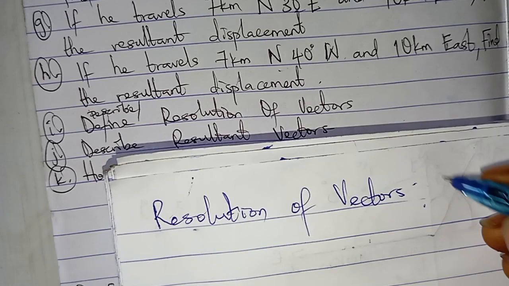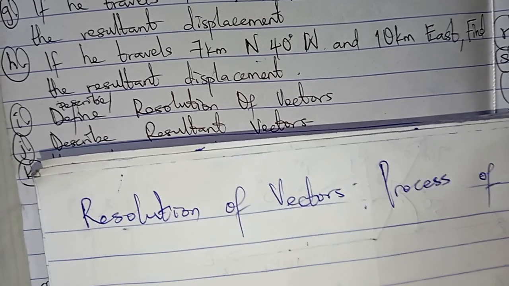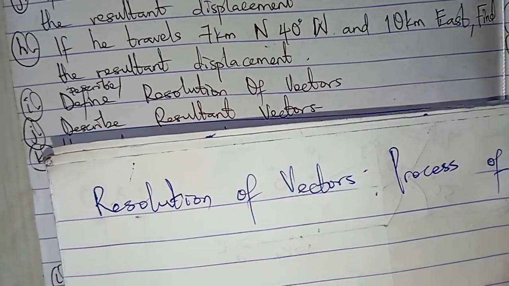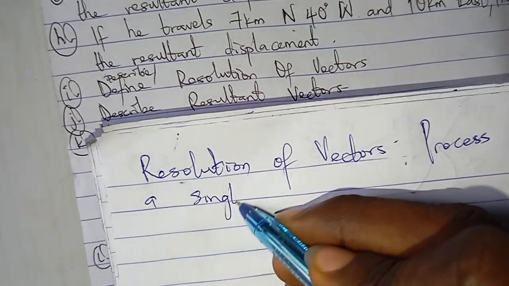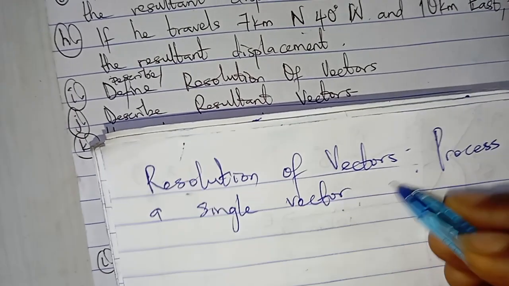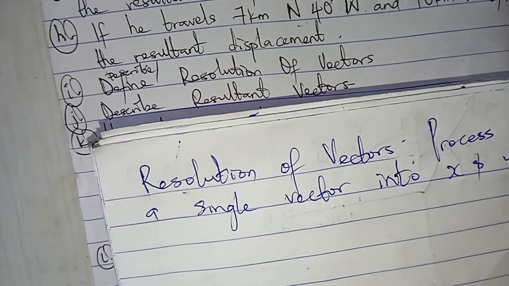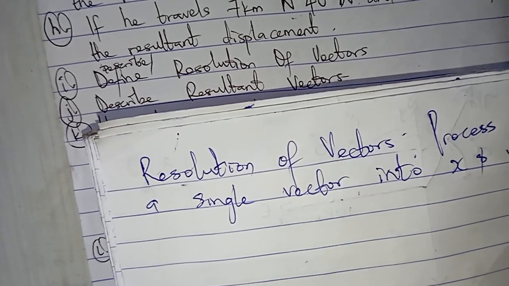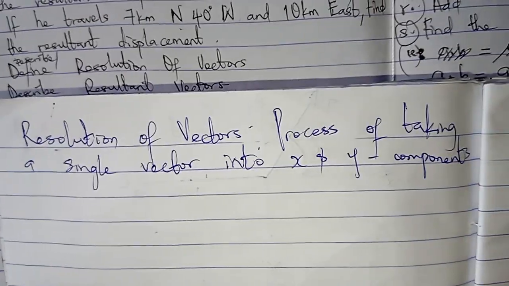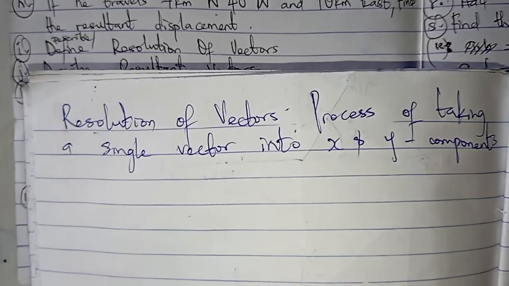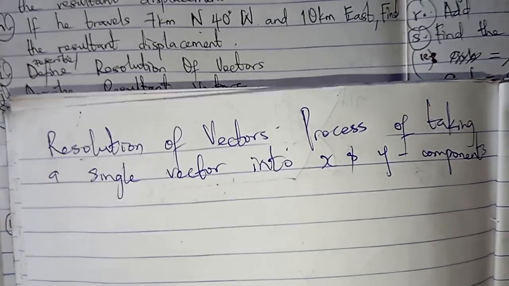We define resolution of vectors as the process whereby a single vector is taken into x and y components. So resolution of vector is the process of taking a single vector into x and y components, or you say it is the process where a single vector is broken down into two components.